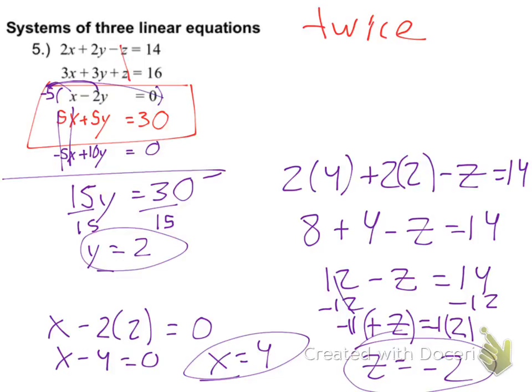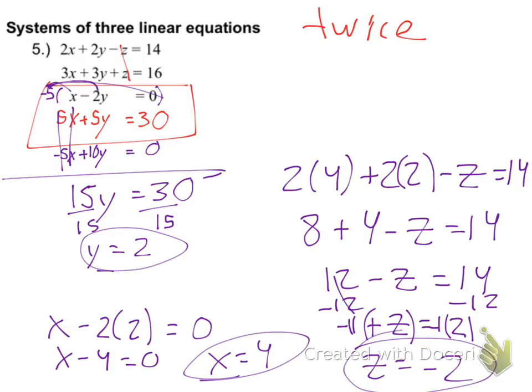Guys, do not leave it like this. Sure, those are the answers, but I want one answer. So x equals 4, y equals 2, z equals... I'd rather see this as a point, not with the x equals and the y equals and the z equals.